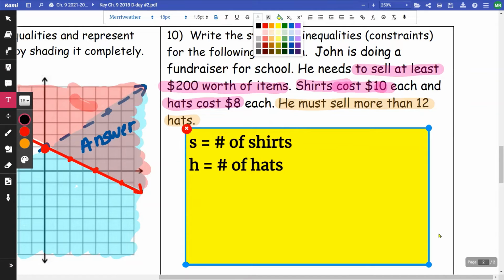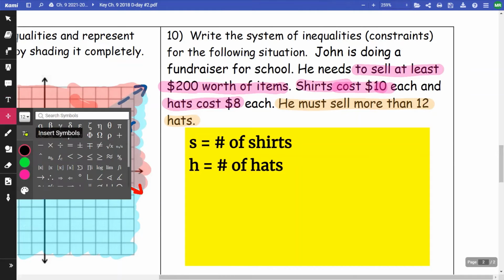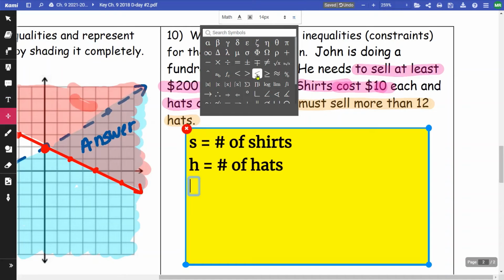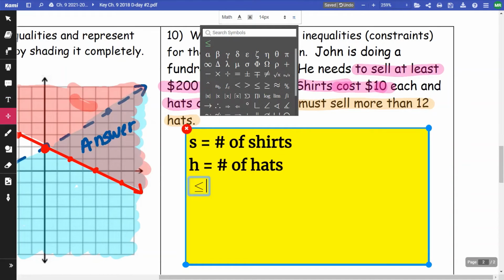And then for my first inequality, I'll do that in my red, which is like my pink. When it says he has to sell at least $200 worth of items, what that means is he is going to have greater than or equal to 200.